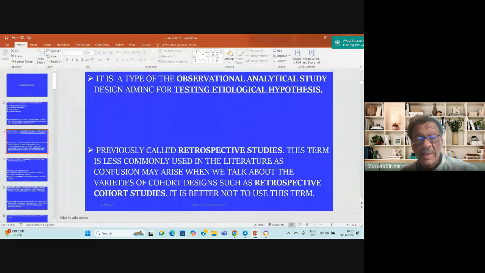It was previously called retrospective studies, but this term is less commonly used nowadays in the literature, as confusion may arise when we talk about the varieties of cohort study design, such as the retrospective cohort study design. It is better not to use this term for the case control.